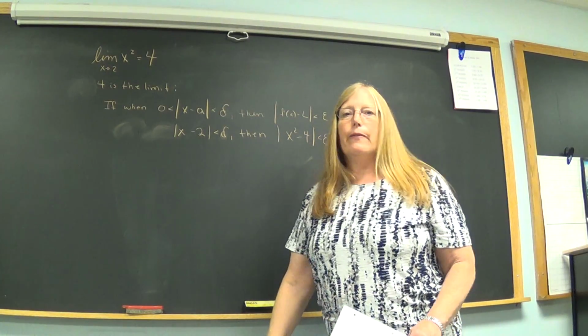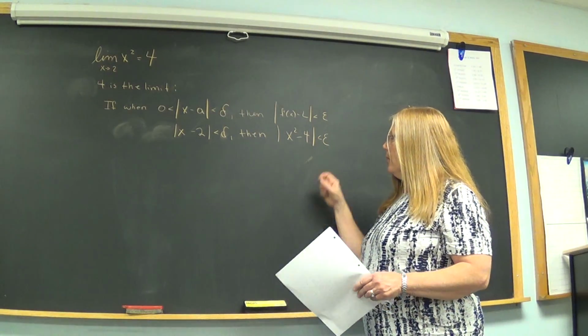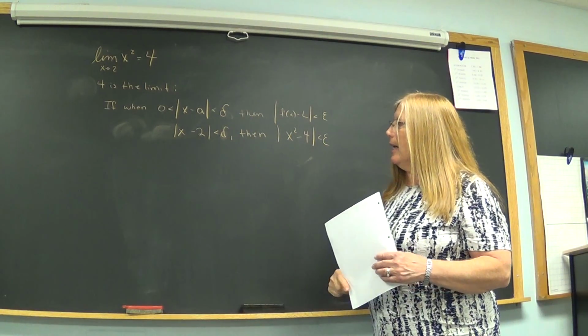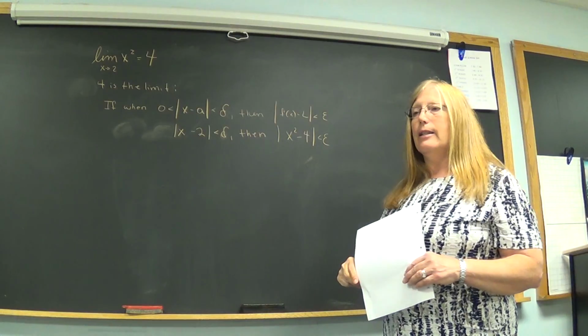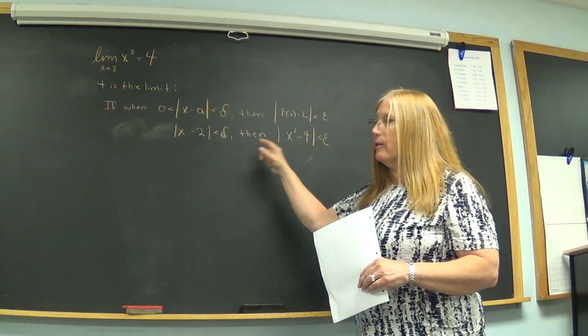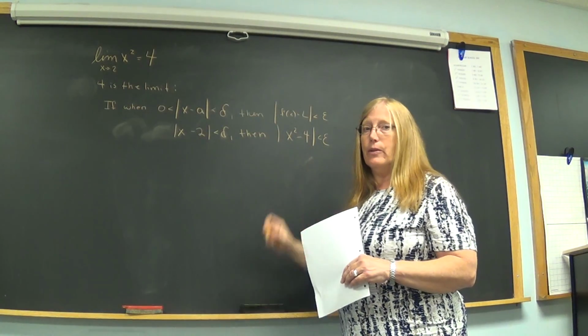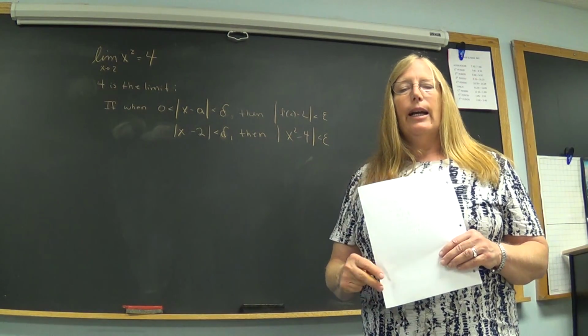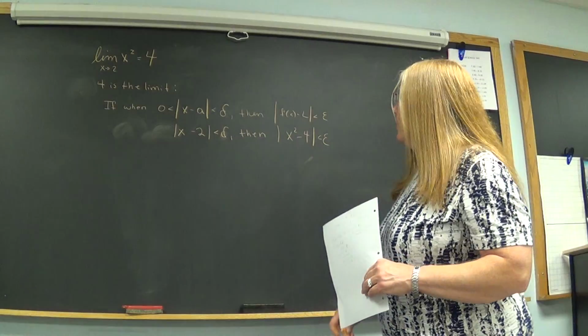We're going to try to find a rule, so no matter what epsilon I give you, you can give me a delta that makes this statement true, and if you can find such a delta, then you have proven that the limit is 4.